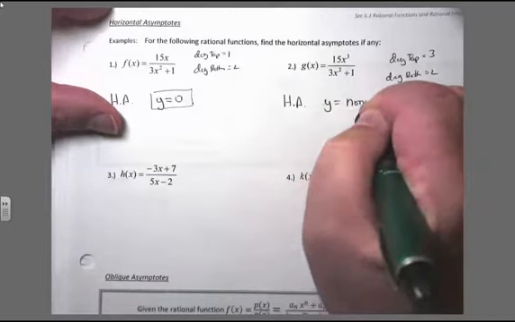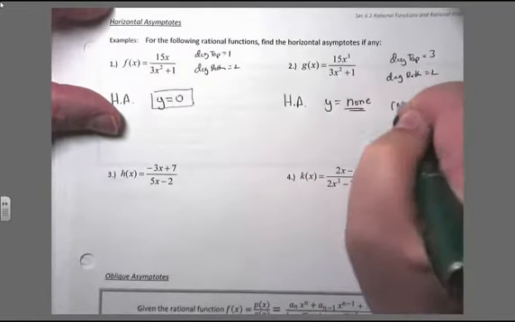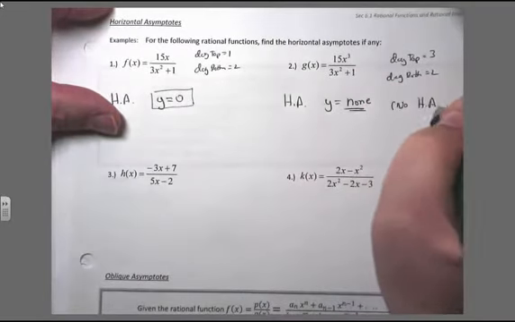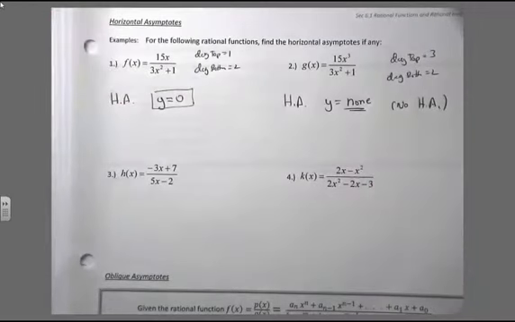None. No horizontal asymptote. You have something called a slant asymptote. We'll talk about that in a second. The question is, what's the horizontal asymptote? It's none. Empty set, if you want to use the old Hawk system.